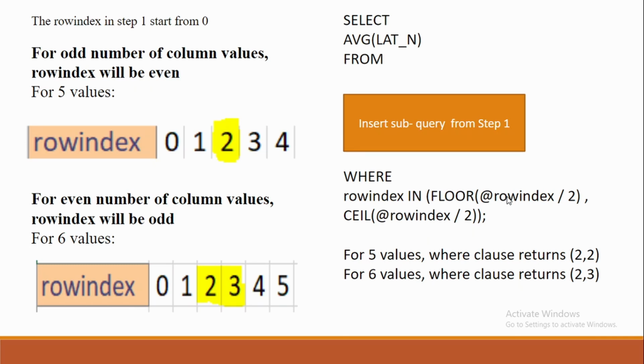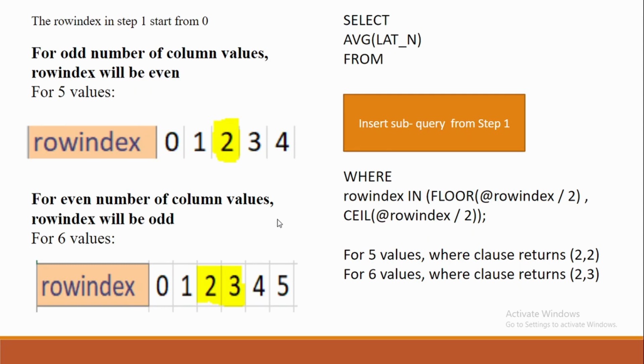Applying the floor function to it will give you 2. Applying the ceil function to this will give you 2 again. So index 2 will be returned as a list twice from this where clause. Then the value from index 2 will be averaged twice, and the same value will be given as the median.